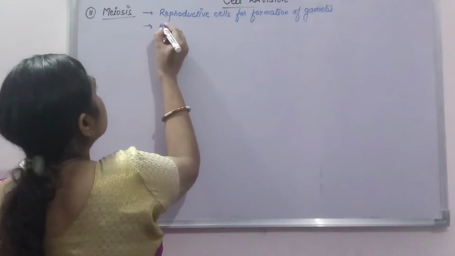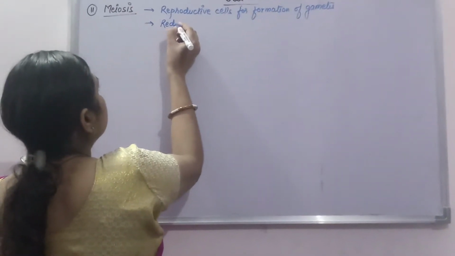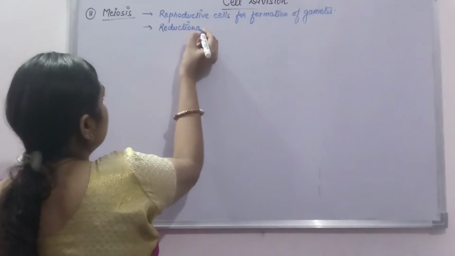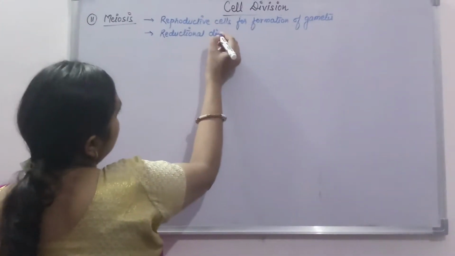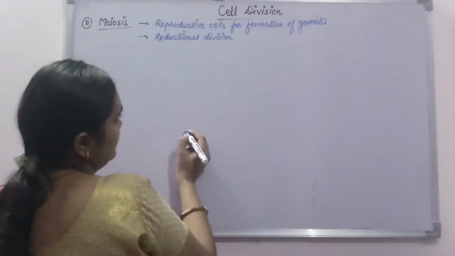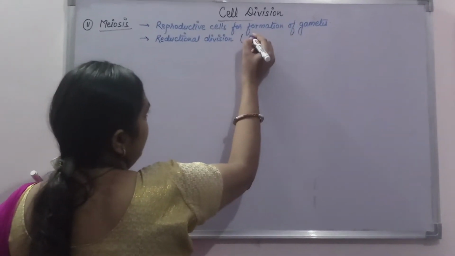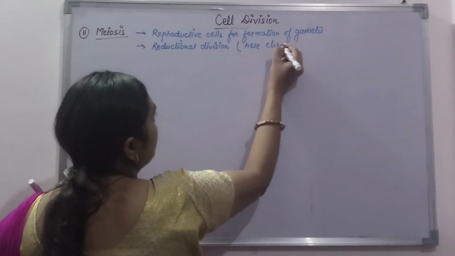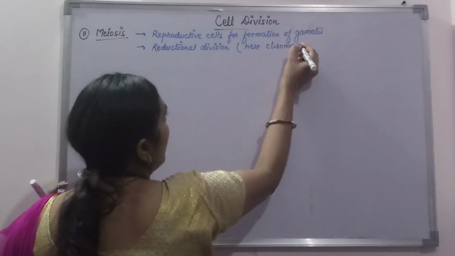It is known as the reductional division. Why is meiosis known as the reductional division? Because here the chromosome number reduces to half.